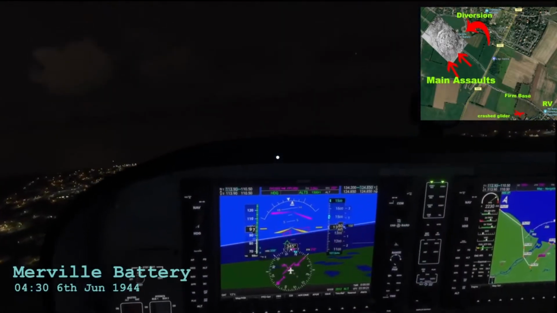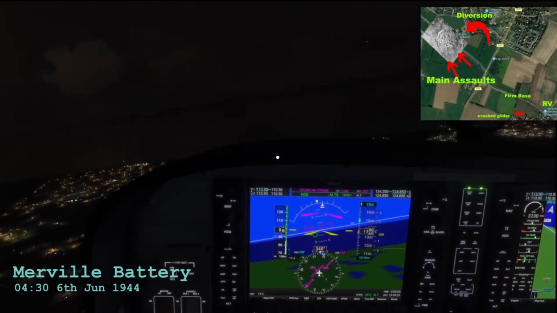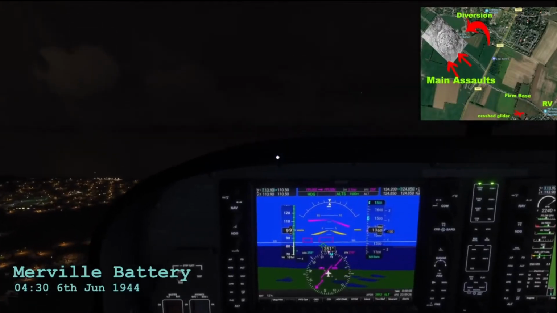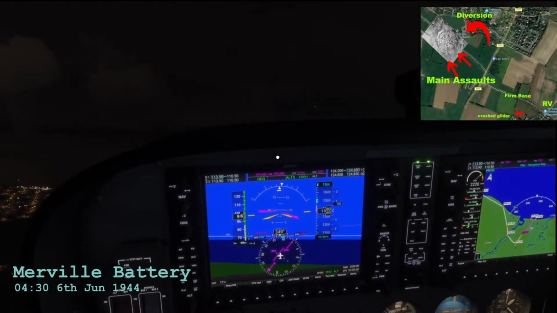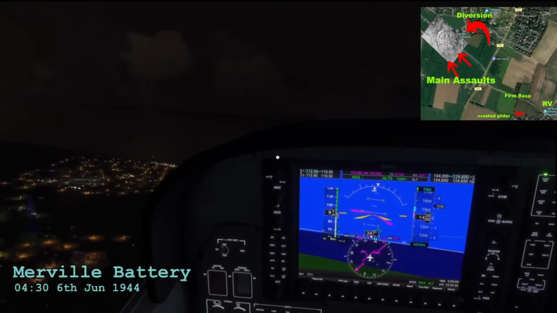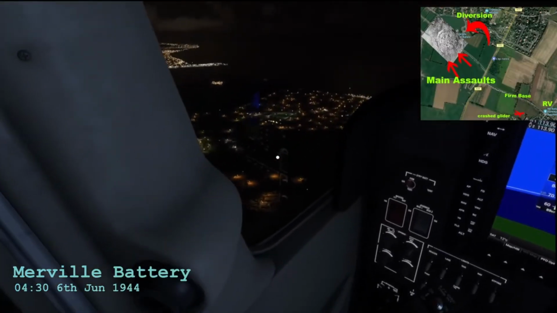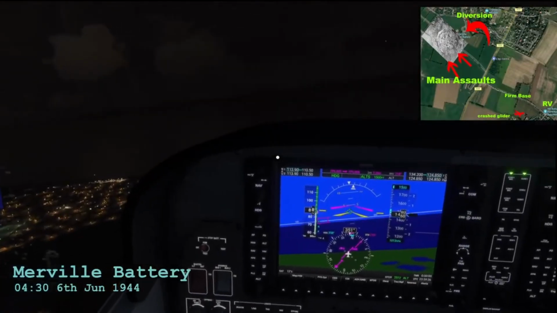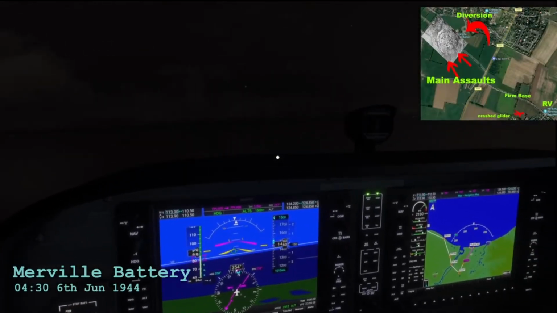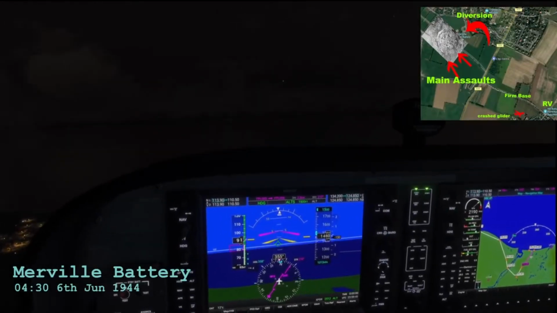And like we did with D Company, we'll try to reenact these events. So I'm just going to fly back out to sea, and then we'll come back in again.